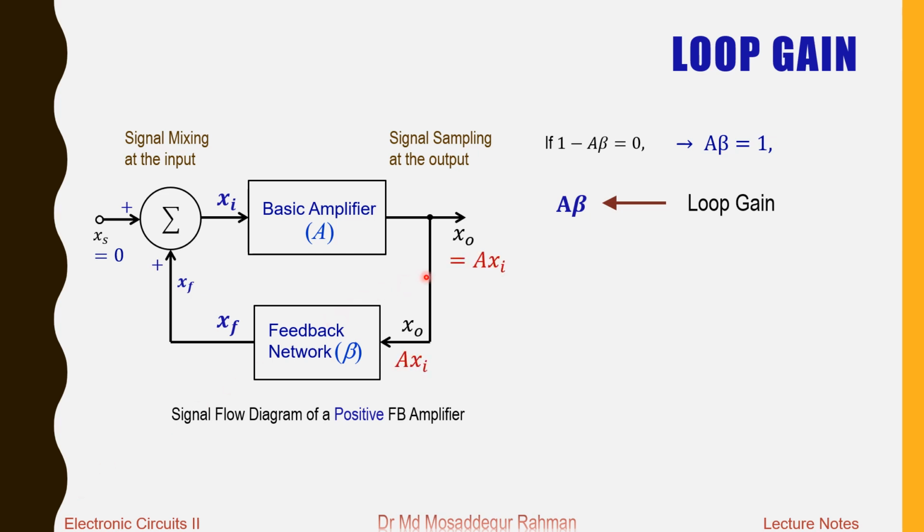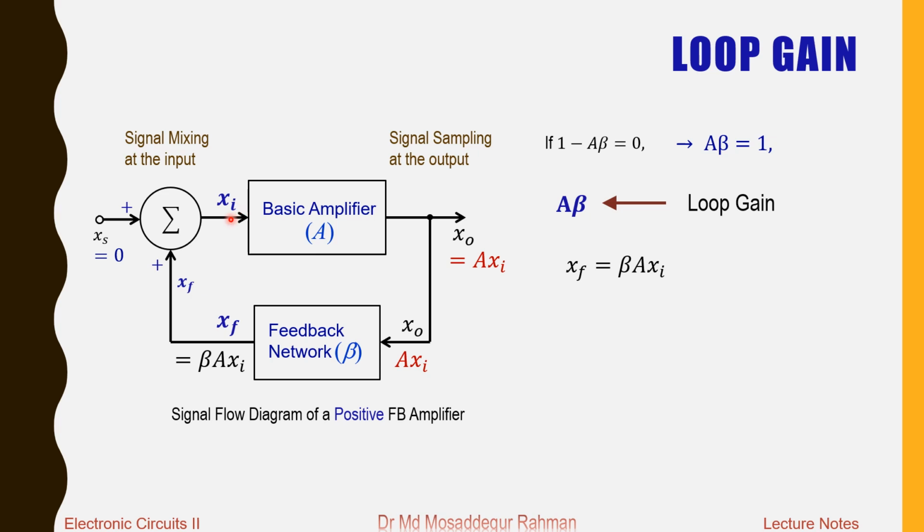So the output of the basic amplifier is A Xi. Now A Xi goes into the input of the feedback network, where it gets multiplied by the feedback factor beta. So the output of the feedback network becomes A beta Xi, and then we get Xf, the output of the feedback network. The feedback signal is A beta Xi.